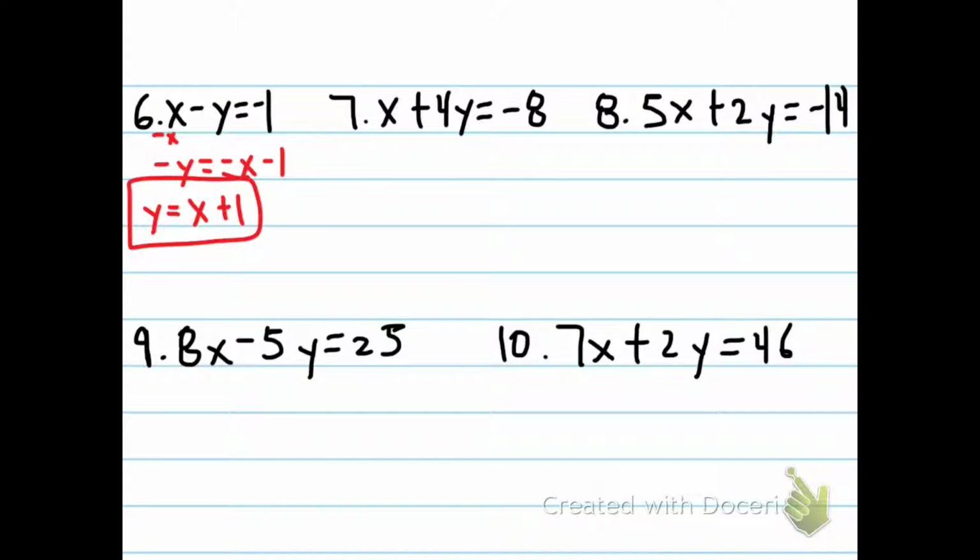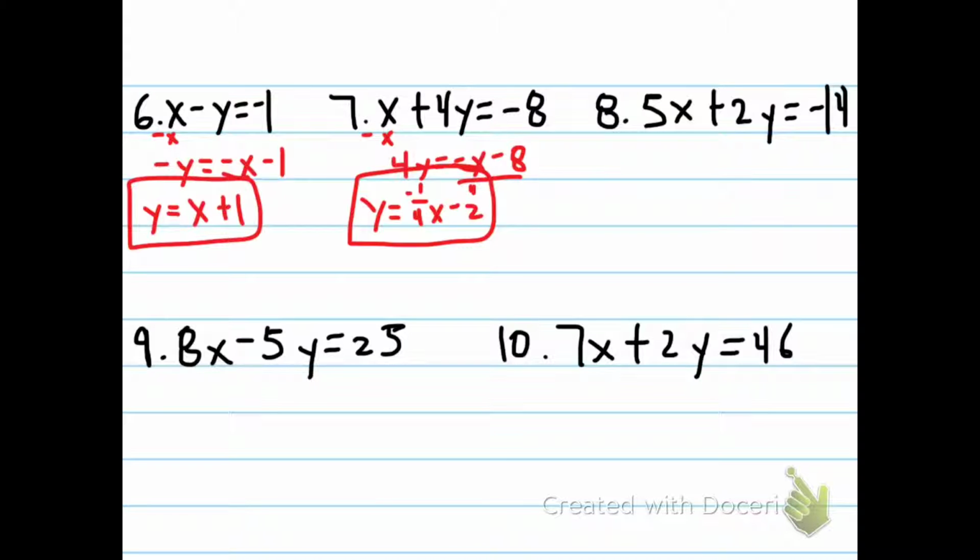For this next problem, subtract x from both sides, and then divide everything by a positive 4. So you're left with y equals negative 1/4 x minus 2.